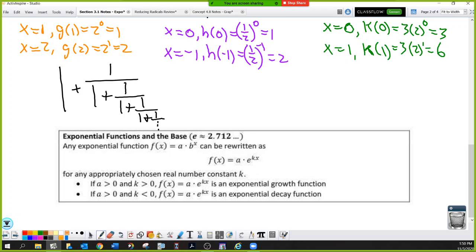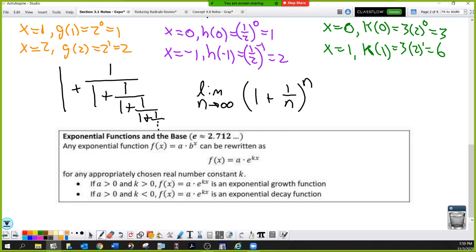And if you keep doing that, eventually you will get e. That's one way of doing it. And the other way of doing it, I believe, is set up like this. The limit as n approaches infinity of 1 plus 1 over n raised to the n. I think that's also it. I think. Either way, if you work these things out to all infinity, you crash into the number e.